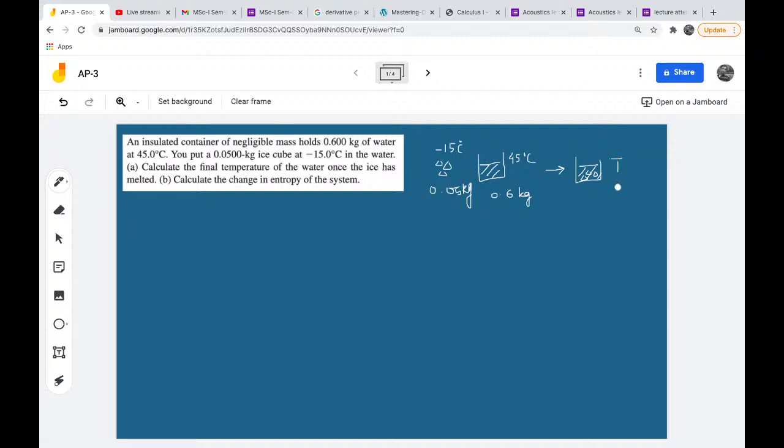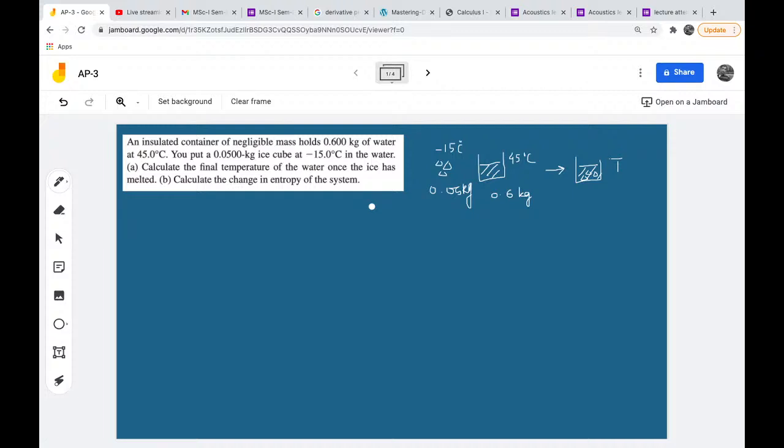In this case, you will have to worry about whether the ice has melted or not. If it has melted, then you make your calculations, and if not, you will have to retweak it. The principle that applies here is the conservation of energy.